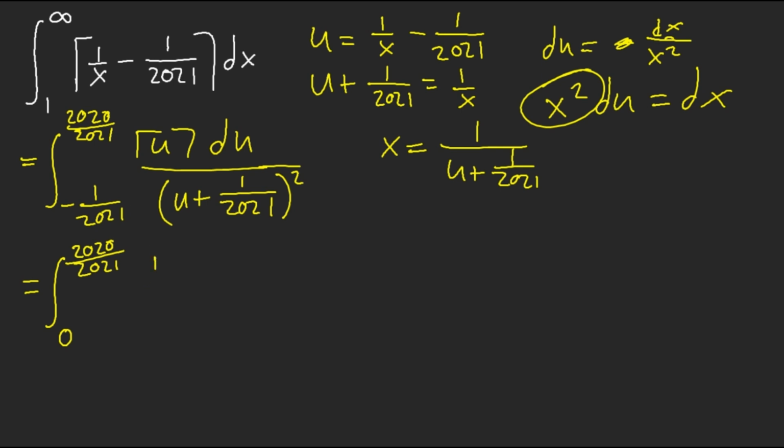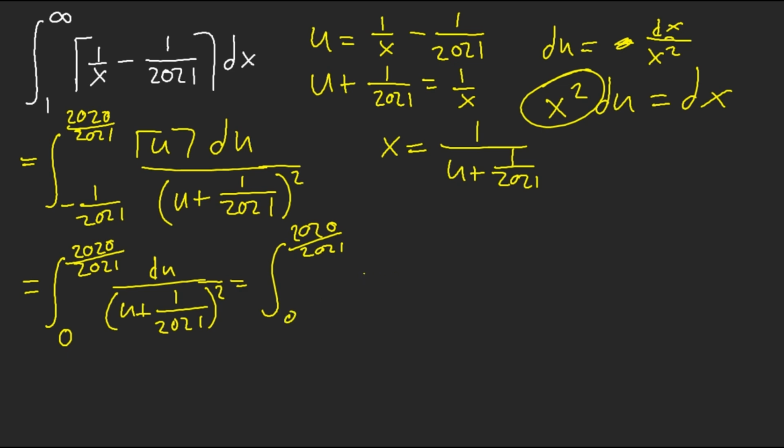Yeah. So it's just 1 at this interval. Which equals 2020, 2021. And so that's going to be 2021 squared. I'm just doing algebra manipulation to make things cleaner. We do have 2021u plus 1 squared.